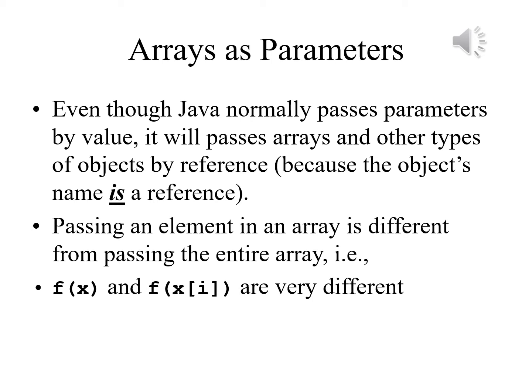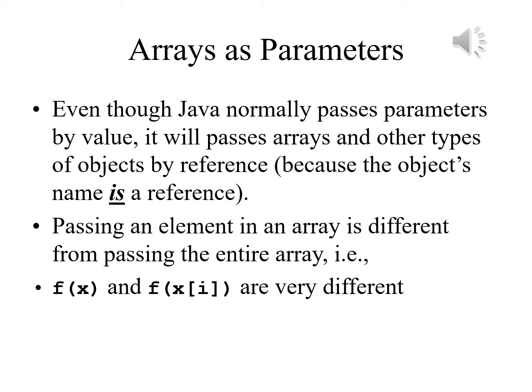It's also important to keep in mind that x and x sub I are different. The first refers to the entire array by its starting address, while x sub I is the value of the ith member of the array. Hence, f of x sees the array's reference getting passed.